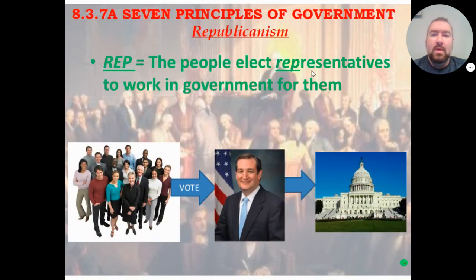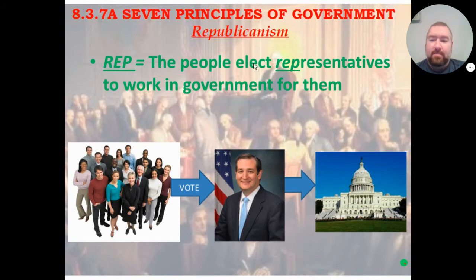So, we begin with republicanism. Republicanism, as I said, does not mean the Republican Party. I want you to remember, republicanism, rep. Republicanism means the people elect representatives to govern for them.